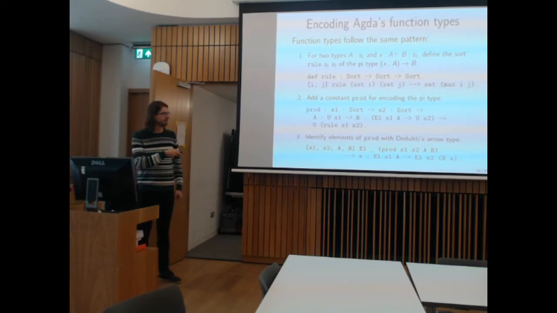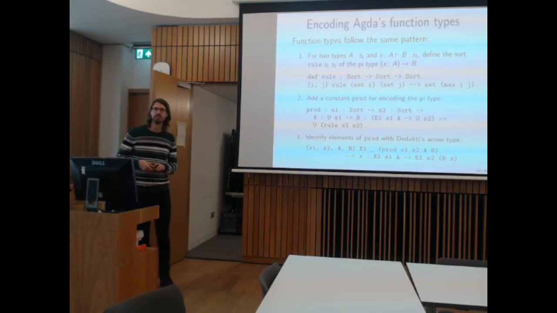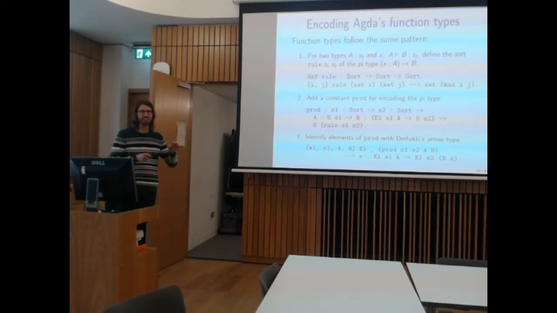We're just defining functions in Agda to be functions between the types of the elements in Dedukti. So that's the core theory of Agda, right? That's the basic part we need to set up in order to start translating any Agda terms.